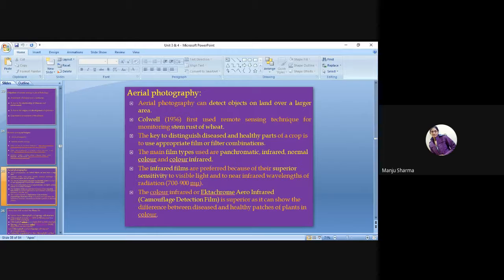Color infrared, or Ektachrome Aero infrared, that is camouflage detection film, is superior as it can show the difference between diseased and healthy patches of plants in color.